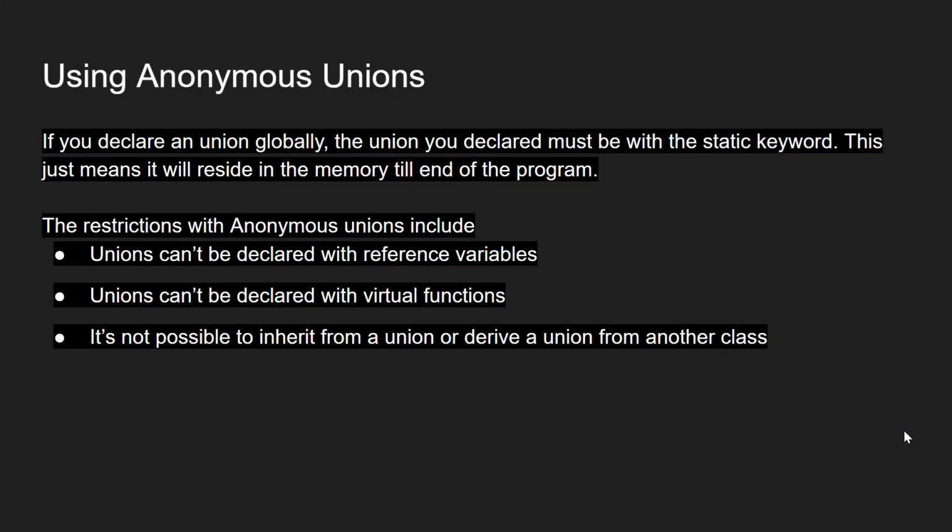One key thing that you need to understand when declaring unions is that if you declare a union globally, then the union you just declared must use the static keyword. This just means that it will reside in the memory till the end of the program. The restrictions with anonymous unions include that unions can't be declared with reference variables, unions can't be declared with virtual functions, and it's not possible to inherit from a union or derive a union from another class.